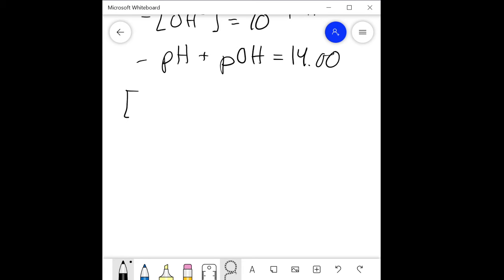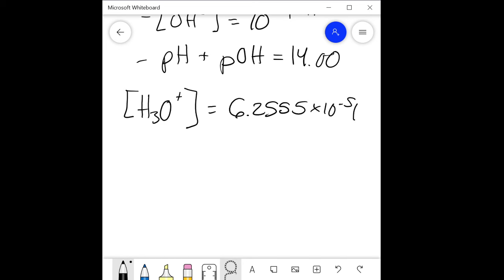So say we know that the molarity of H3O is 6.2555 times 10 to the negative 5. Okay, and we want to find the pH, the pOH, the molarity of hydronium, and the molarity of hydroxide. Well, we know the molarity of hydronium, so we need to find the other three.